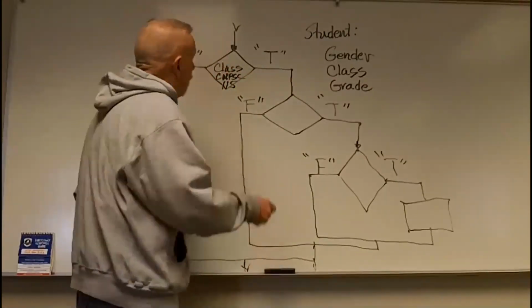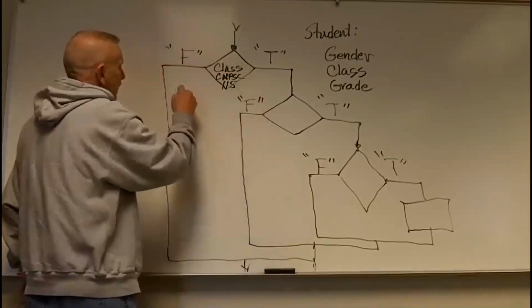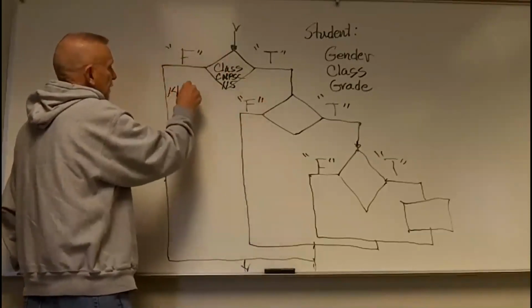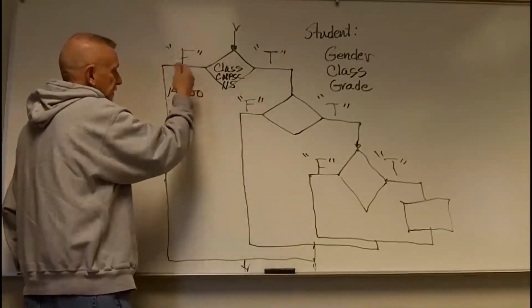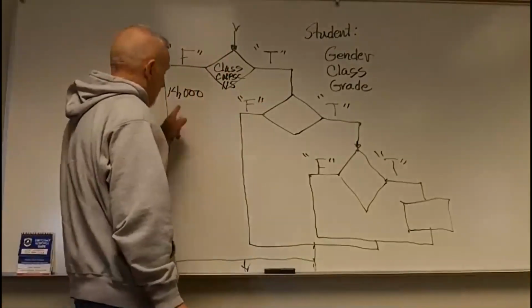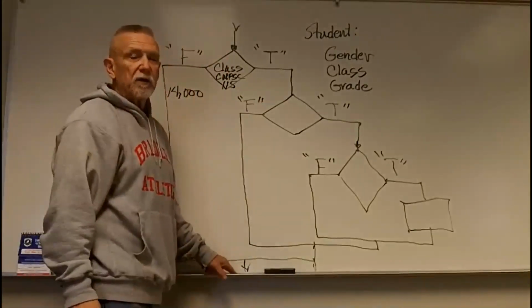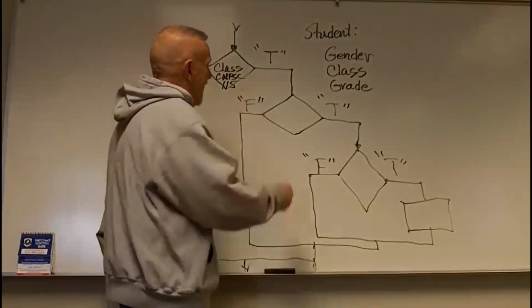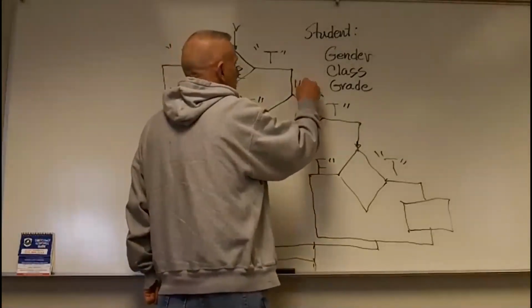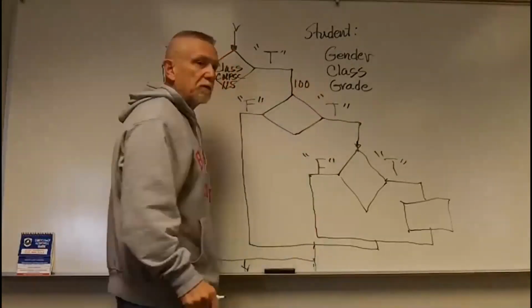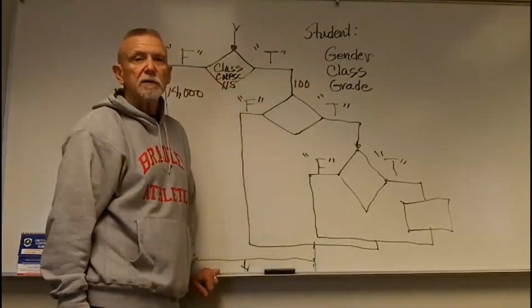So right here, I get rid of 14,000 or whatever, if it's 12,000, 11,000 students, go right down here and out. The only ones going on to be tested more would be those 100 students.